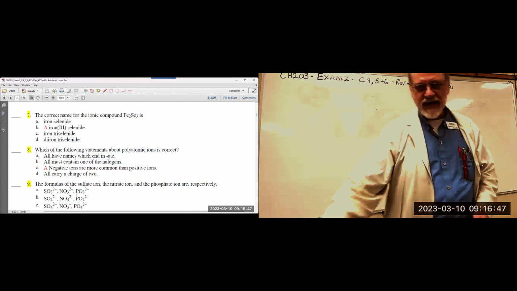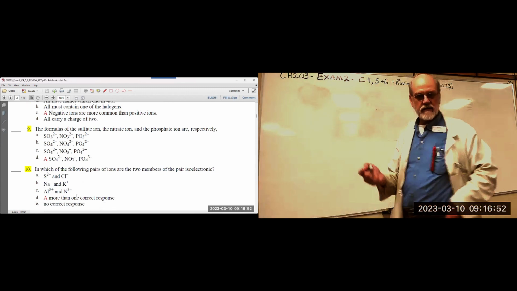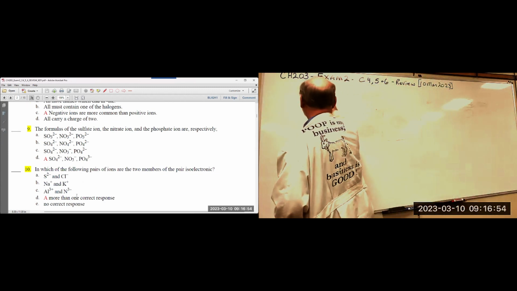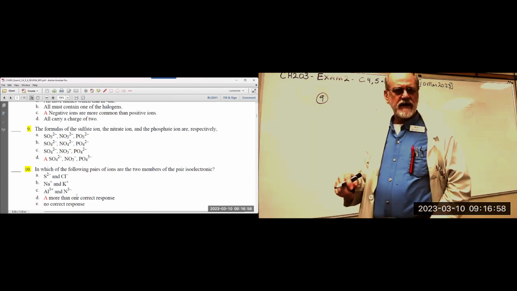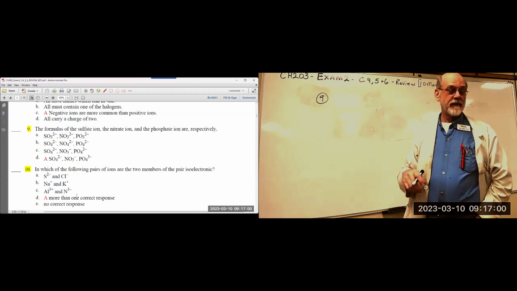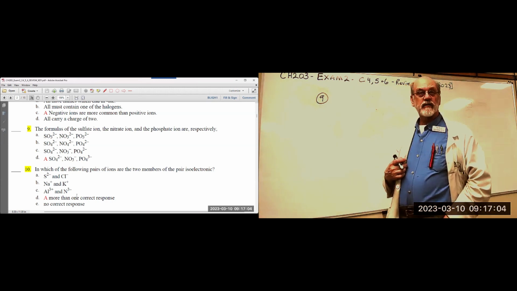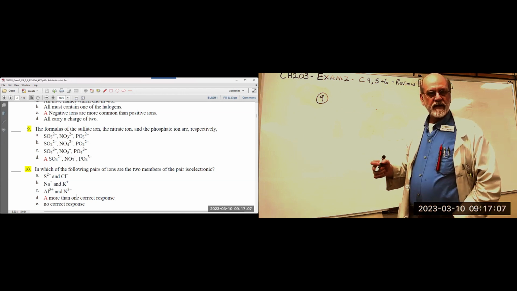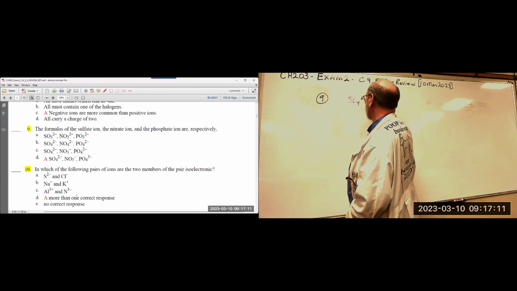All right, number 9 and 10. We get 9 and 10 together. The formulas of the sulfate ion, the nitrate ion, and the phosphate ion are, respectively... This one, all you have to do is look it up in the chart. You're going to have that available for the exam. So sulfate is SO4 2-.